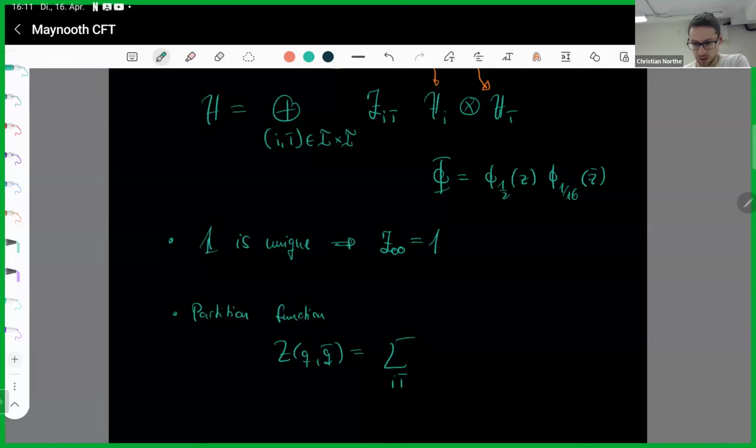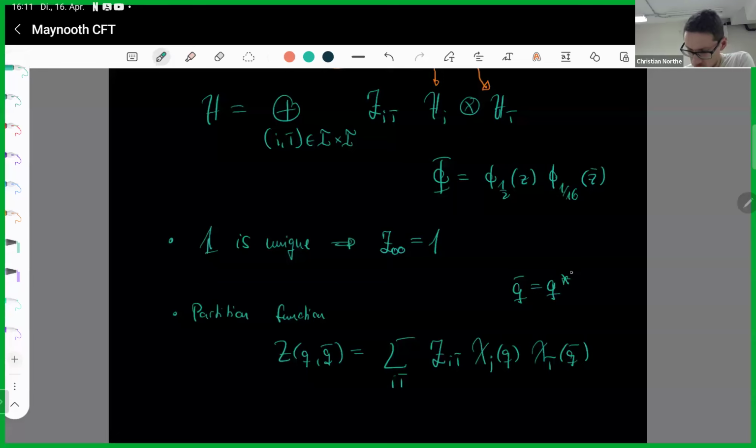But there is much more to it, and I refer you to the notes. And here we go. Q bar, and now here Q bar is indeed the complex conjugate of Q. So I write Q star. I'm mostly going to write Q bar, but keep in mind this is not meant as with Z and Z bar, where they're meant to be independent. Here they're actually meant to be complex conjugates of each other.